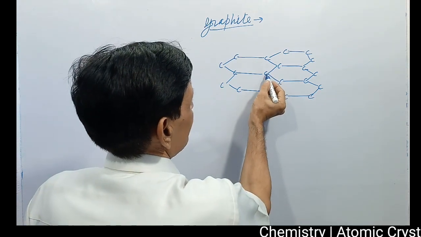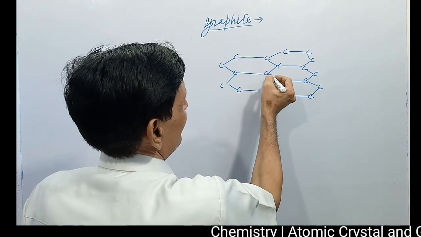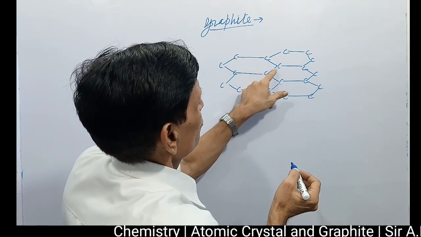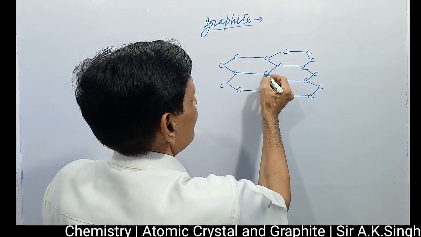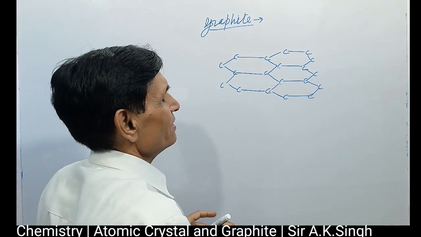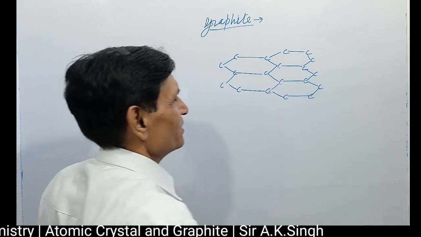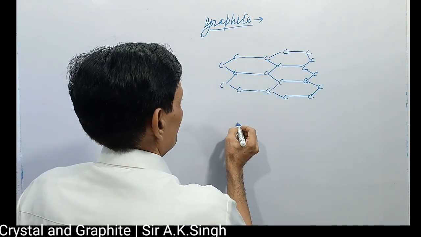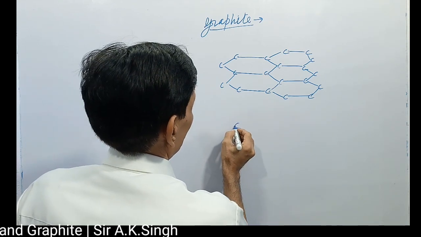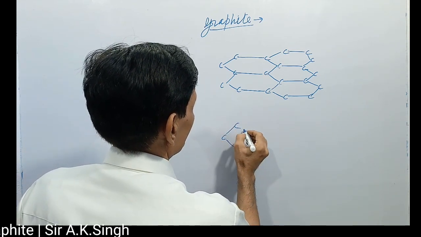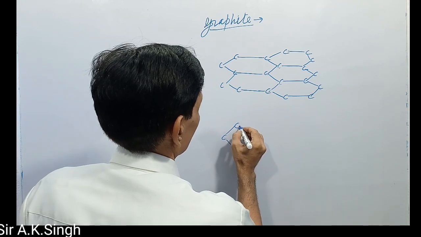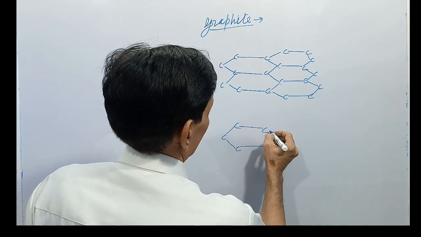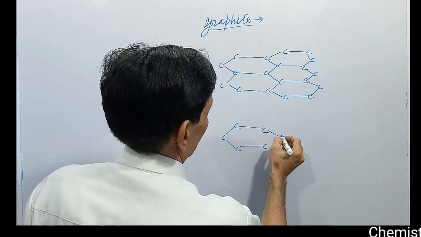Now see, in this carbon atom only 3 electrons are involved in bond formation. 3 carbon atoms are bonded here, 1, 2, 3, and the 4th electron is free in the unhybridized orbital, which is delocalized. Now here I am making another sheet, another layer of graphite. This layer is also there.